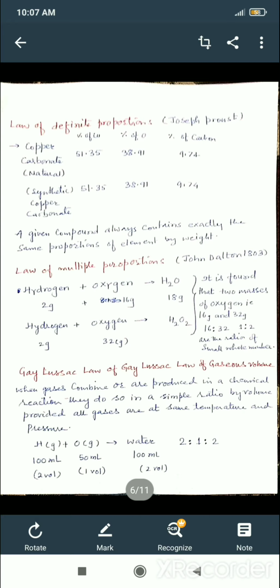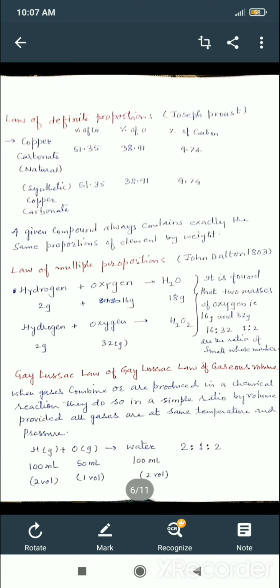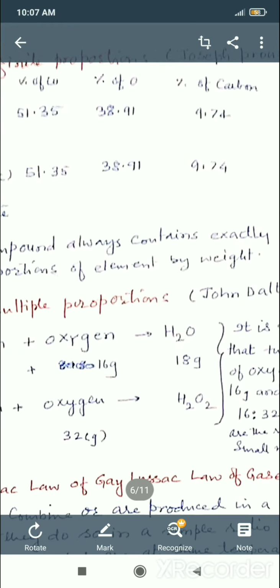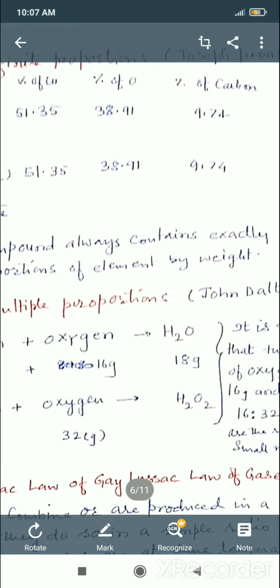Law of definite proportion. It is given by Joseph Proust. See a very interesting example here: natural copper carbonate has about 51.35% copper, 38.91% oxygen, and 9.74% carbon.